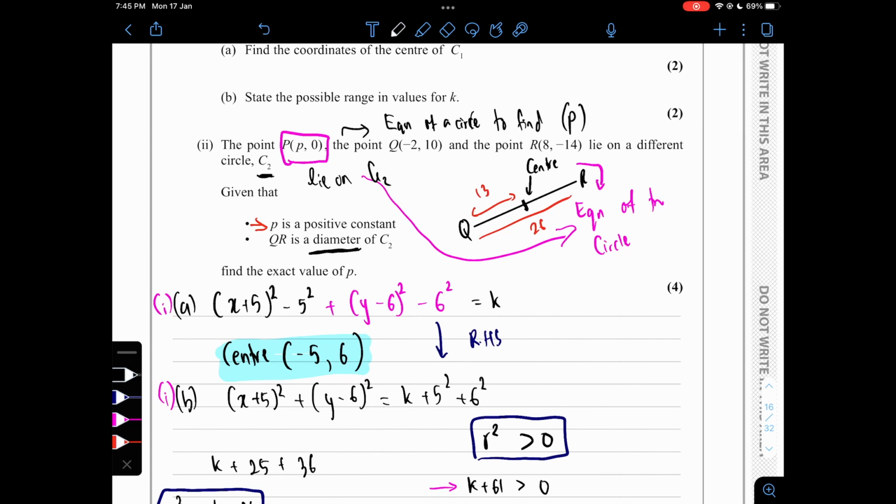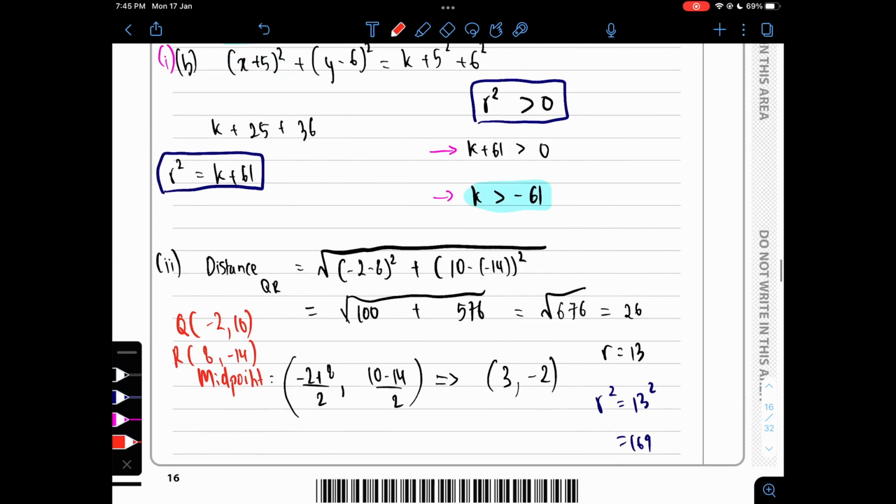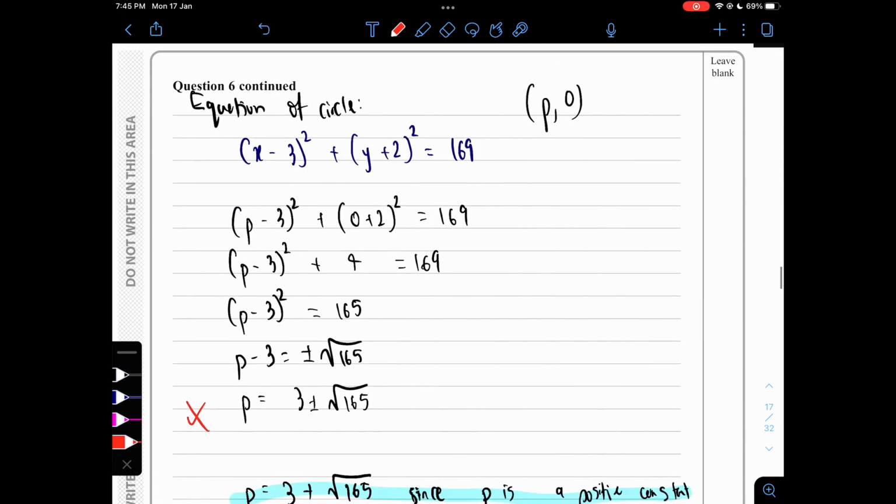But in order to do that, we had to find the center, which we did, and the radius, which we also did, which is 13. That helps us find what p is by substituting into this equation.